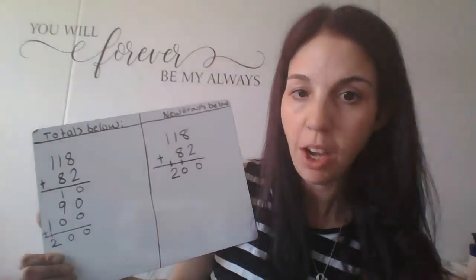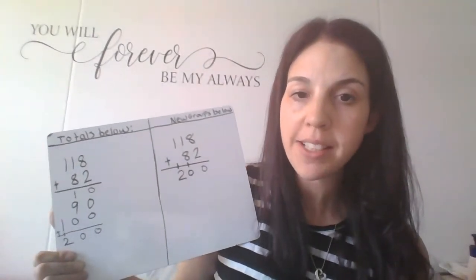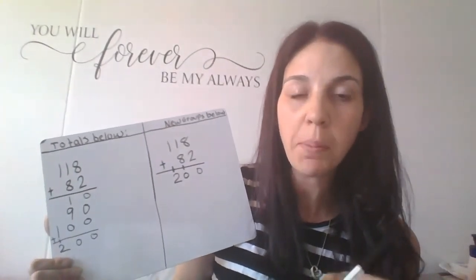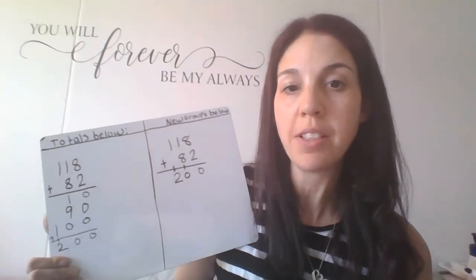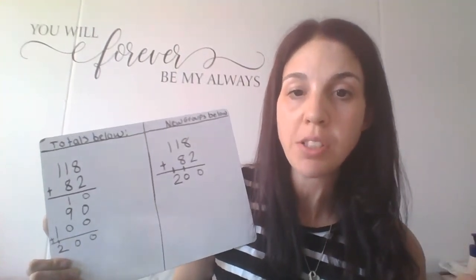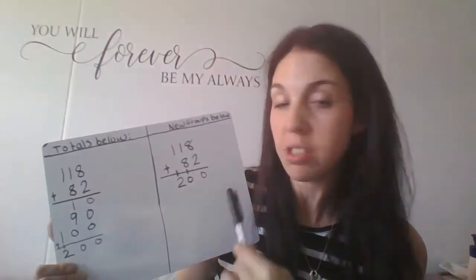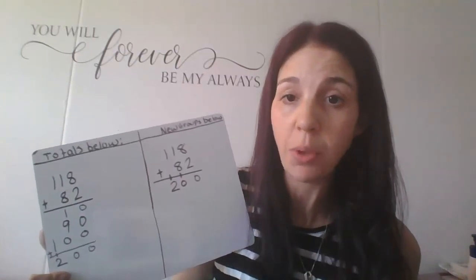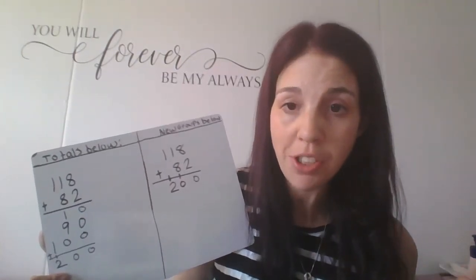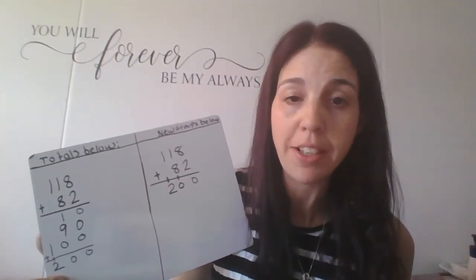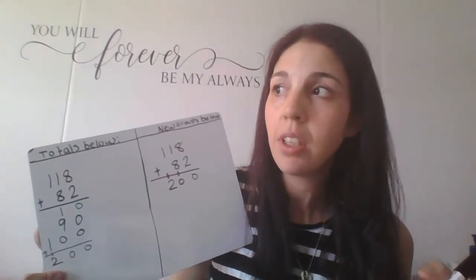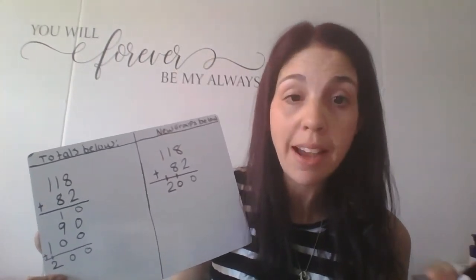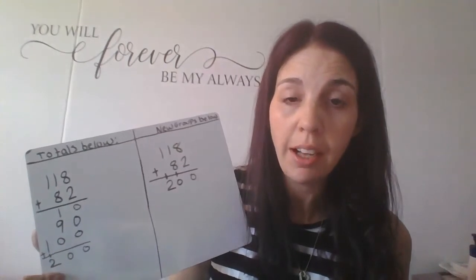Yes, we did. Okay, so when you go to your exit ticket, you will see a couple problems, and there's a couple questions about how you solved it. So there are many ways to solve problems. These are 2 strategies. We also have our hundreds, tens, and ones drawing it out strategy. That is an acceptable strategy to use. And we also have a number bond that we can use.